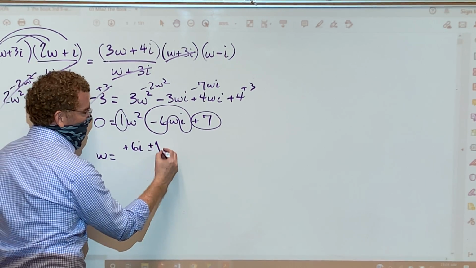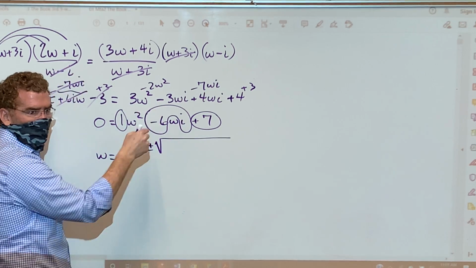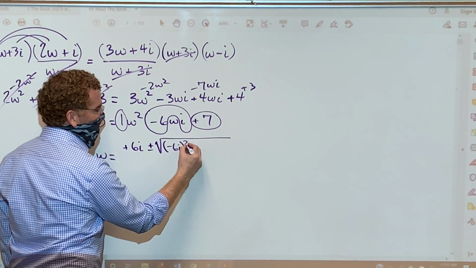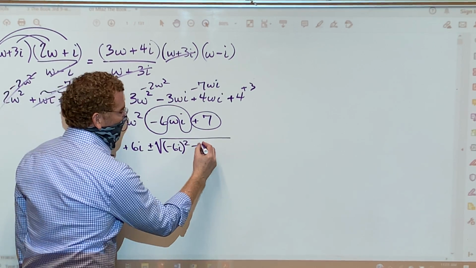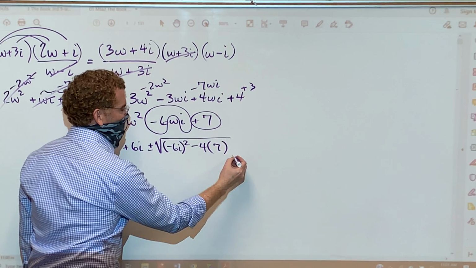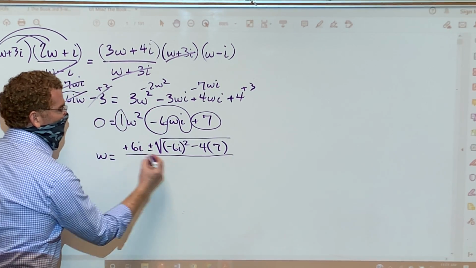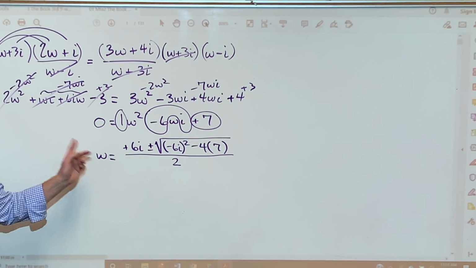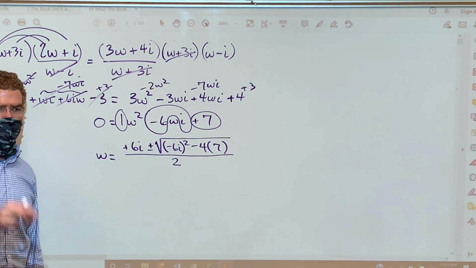Plus or minus the square root of b squared. What happens when I square a negative 6i? Well, we'll figure that out in a second. Minus 4 times the a, which is 1, times the c, which is 7. All of it over 2 times the a. Now be careful. What is a negative 6i when you square it?